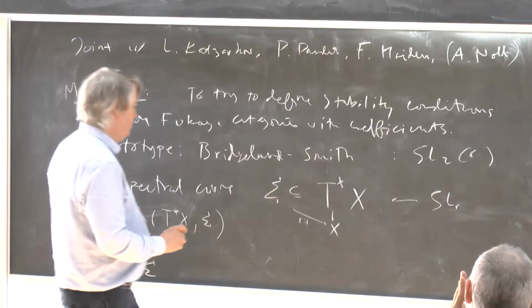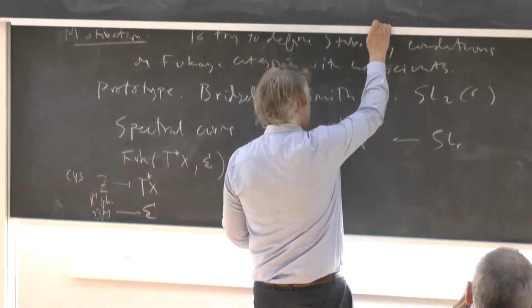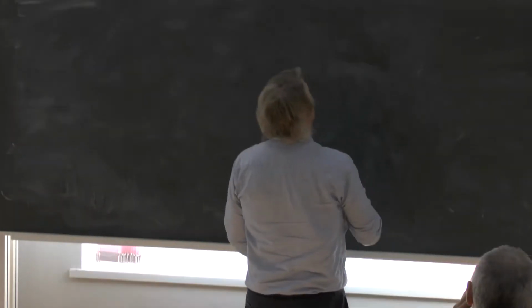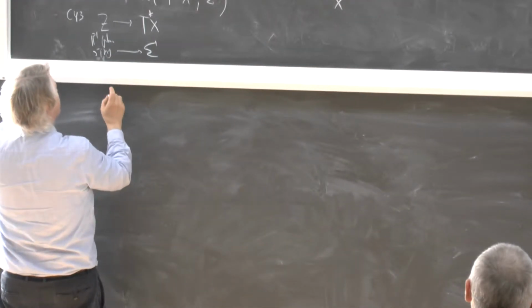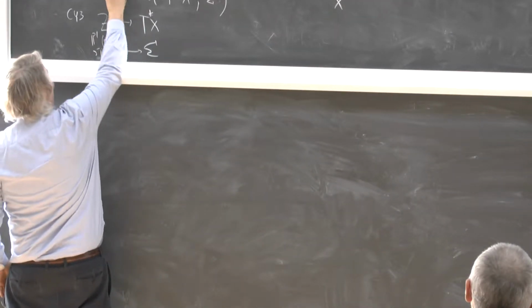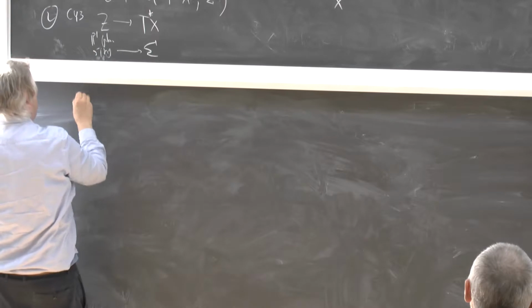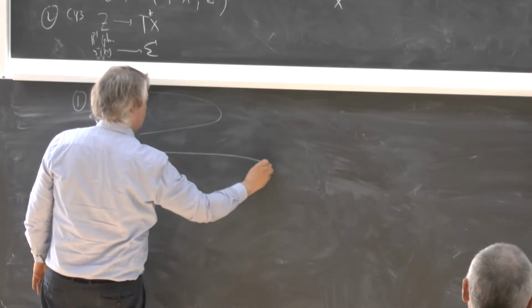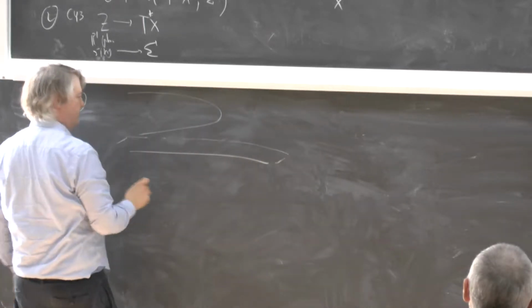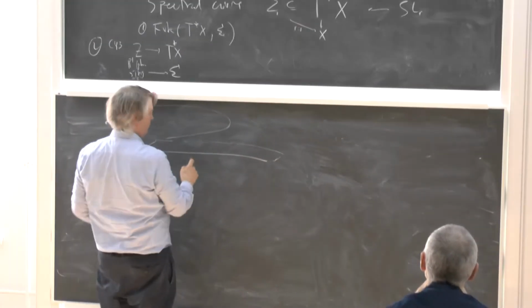Okay, so maybe let me draw a couple of pictures. So in the first case, the picture looks like this. So if we have the spectral curve like that, remember this is a complex picture, but we're kind of drawing the real picture.